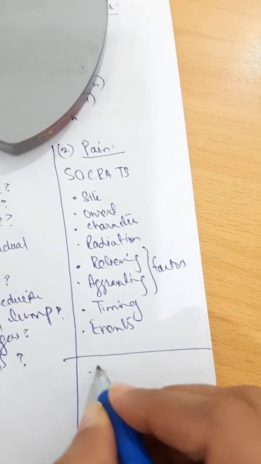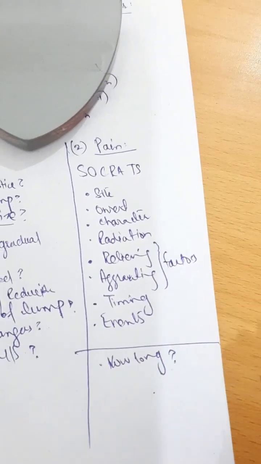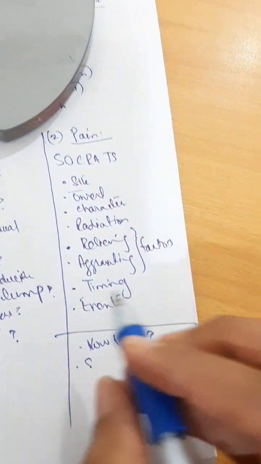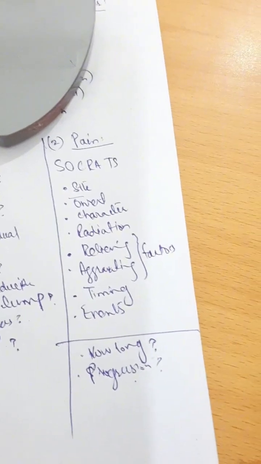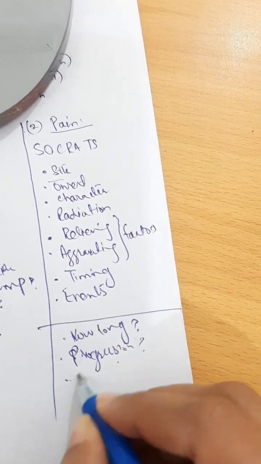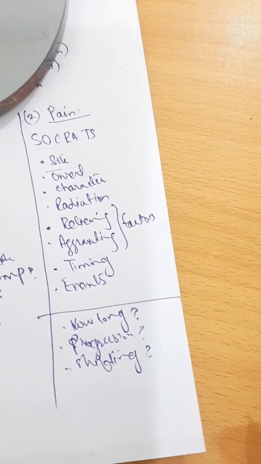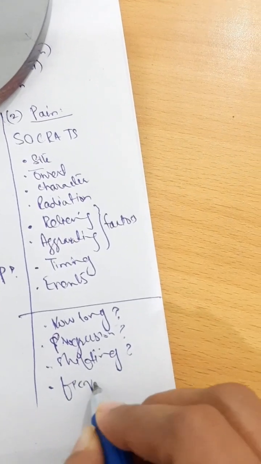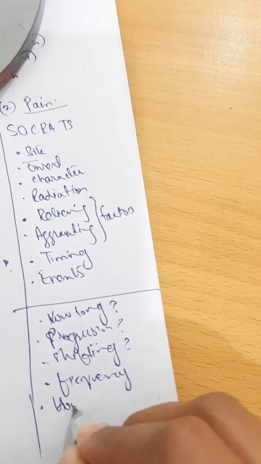And if yes, for how long has the patient had this pain? We already mentioned the site of the pain. Then ask about the progression of pain, whether it is increasing or decreasing with time, shifting of the pain, and the frequency of the pain, and how it relieves.